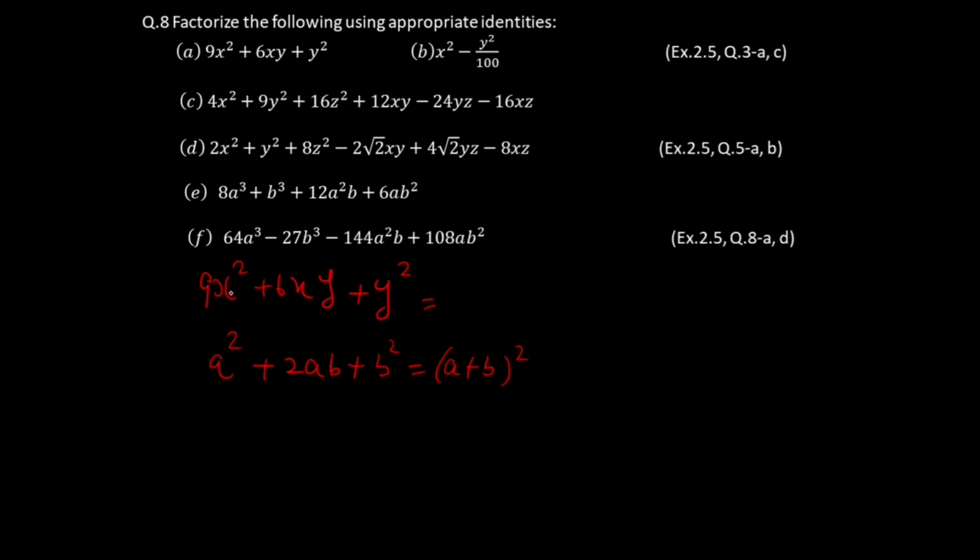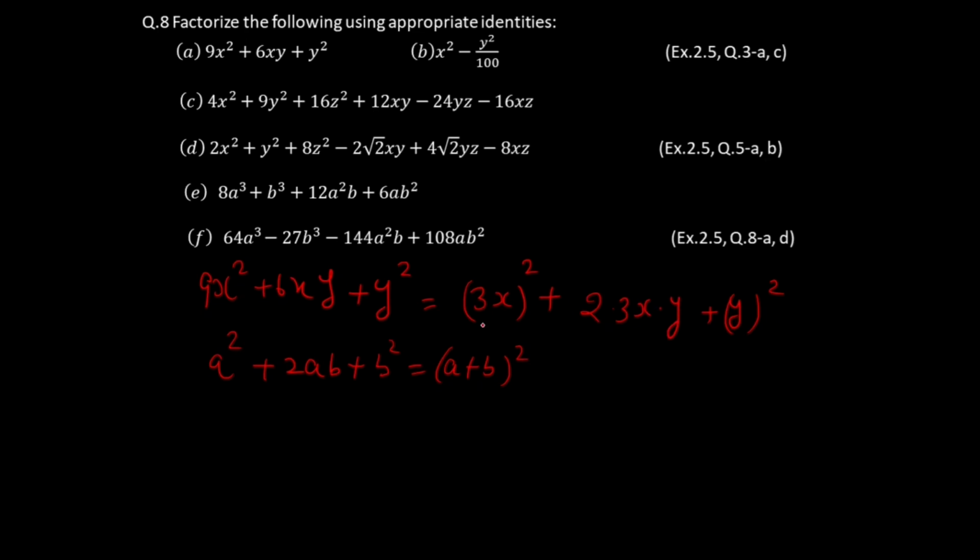Can I write 9x square in the form of a perfect square? Yes, it can be written as (3x) whole square. That is a square, plus b square, that is y square. Now see, a square plus b square plus 2 times a times b.